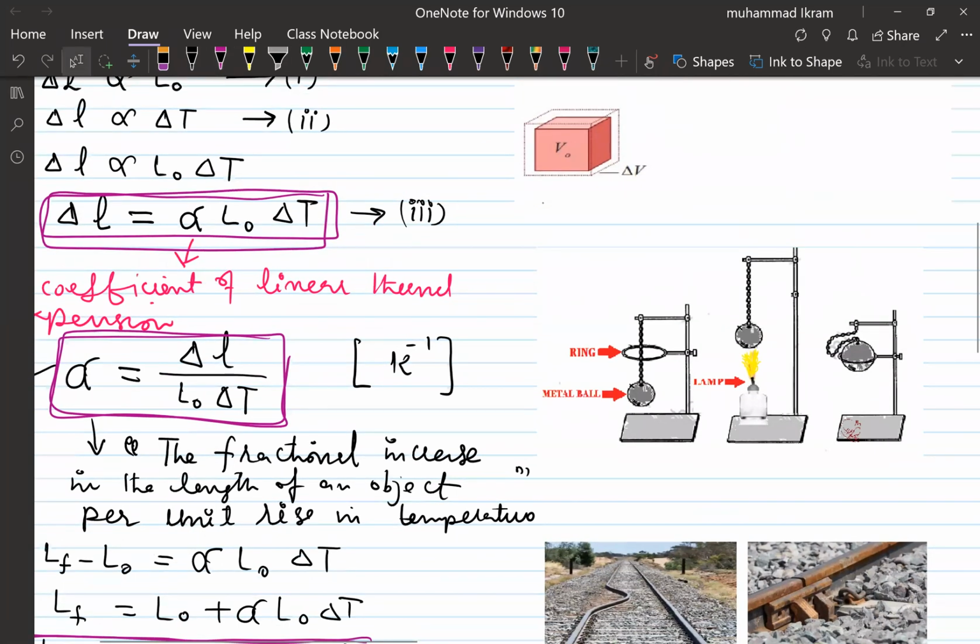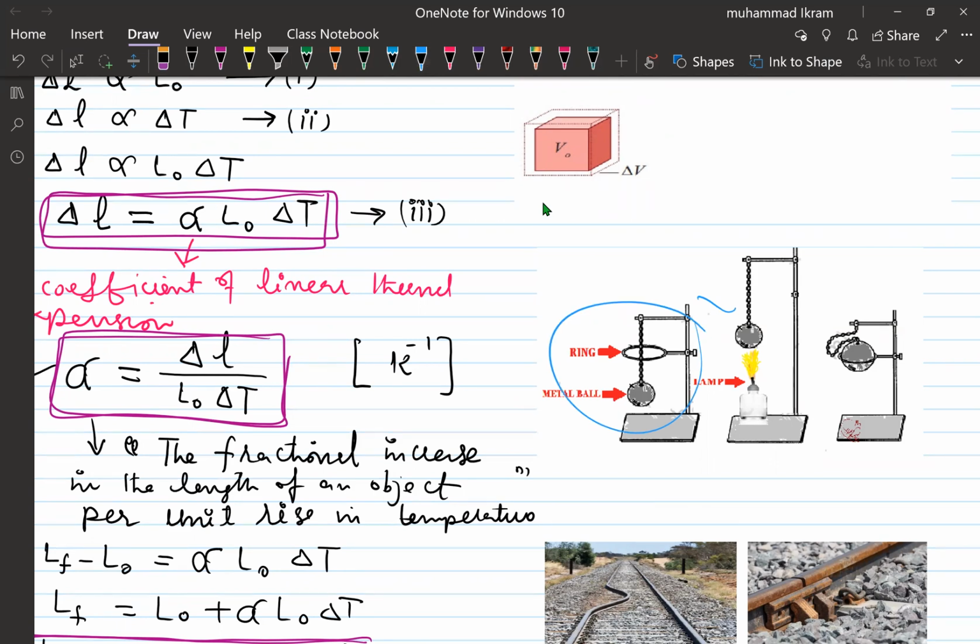Now, I have devised an experiment for you. Look at this metallic sphere, and then there is a ring. The metallic sphere is attached to the chain here and can be suspended freely. When you allow it to pass through the ring, it slips in easily without any difficulty. Now you heat it, raising its temperature from room temperature.